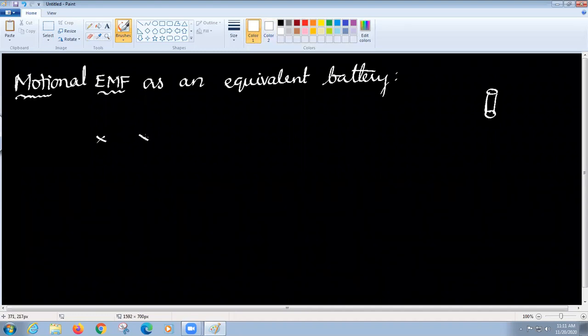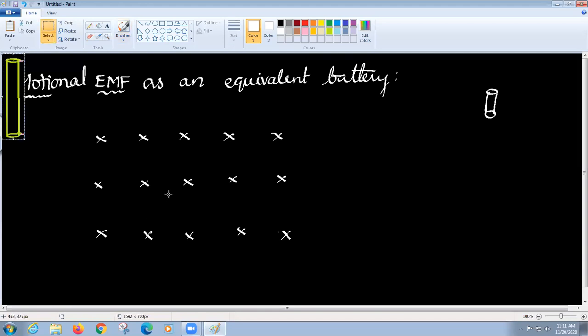This is a simple idea, the same idea we already know. You have a direction of magnetic induction, the magnetic field is into the board. Again, the same thing like this we have. And now I have this conductor.